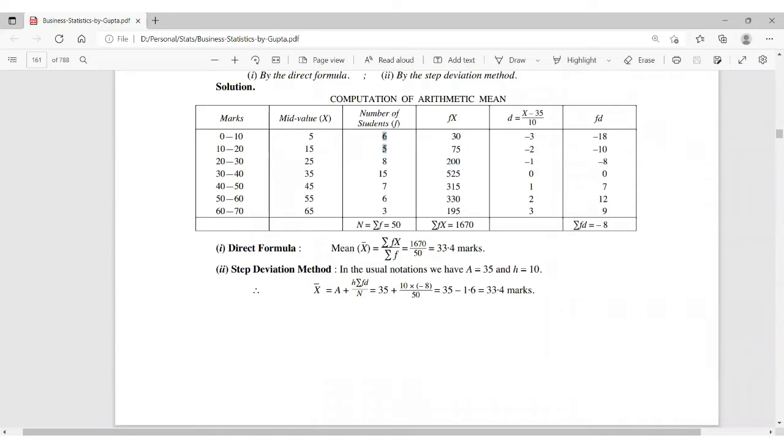This is the frequency, and x is my mid value. Frequency into value. For the first one, frequency is 6 and the value is 5, so multiplying gives 30. Similarly, 15 into 5 is 75, and so on.